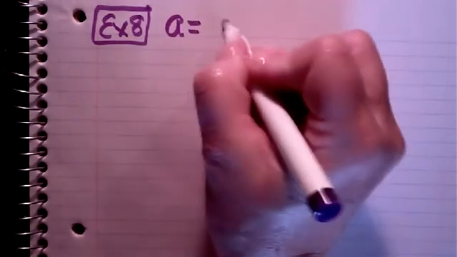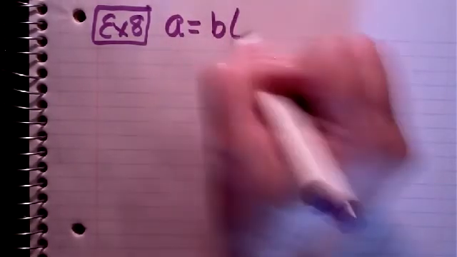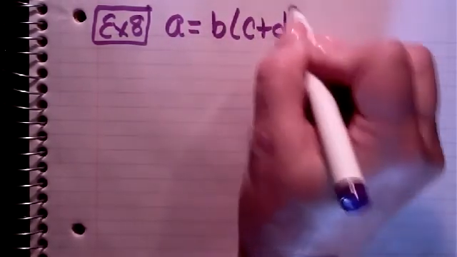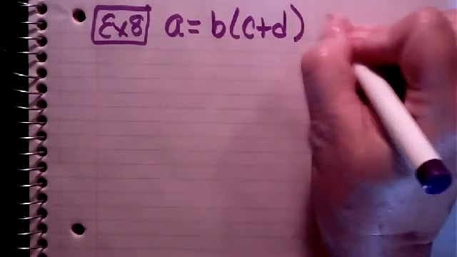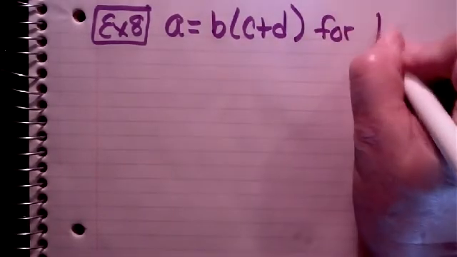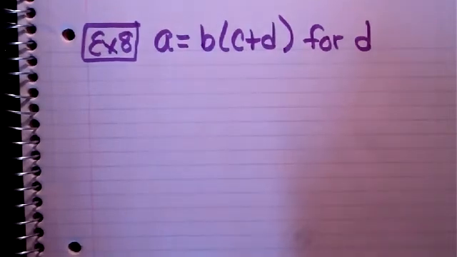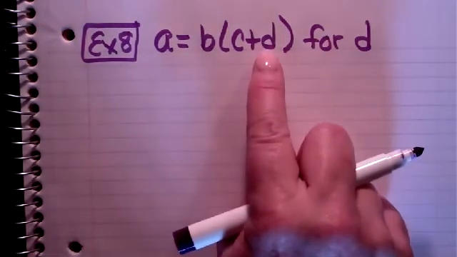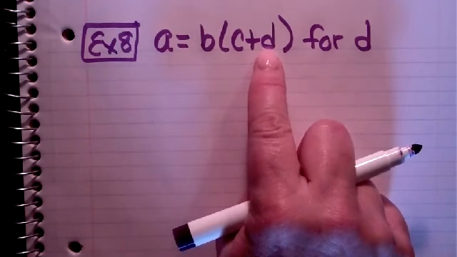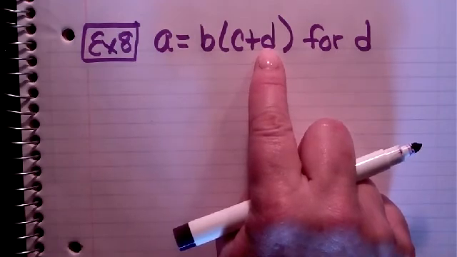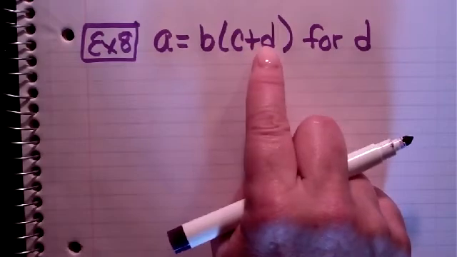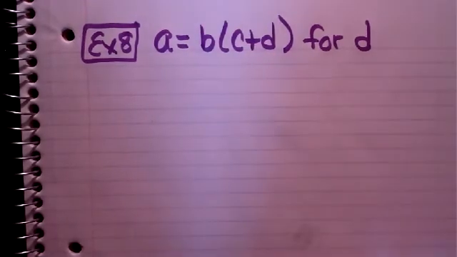Example 8 says I'm going to have A equal to B parentheses C plus D, just like we did before in number 7, but this time I want to solve for D. Now, this one is going to have to use the distributive property, because if I'm isolating D by itself, notice D is inside that parentheses. I've got to break all that apart. I can't have it sitting inside the parentheses and isolate it.